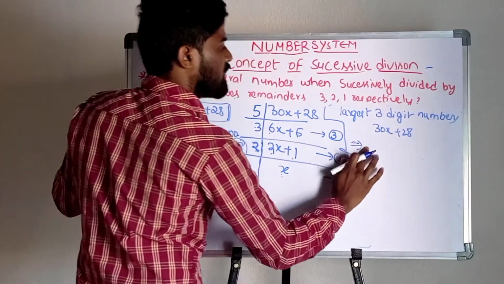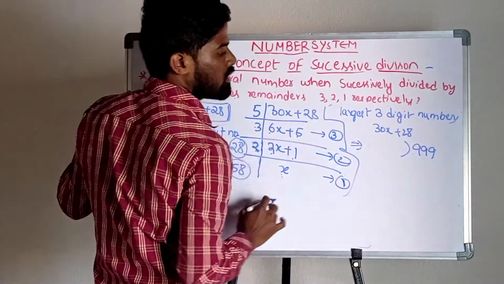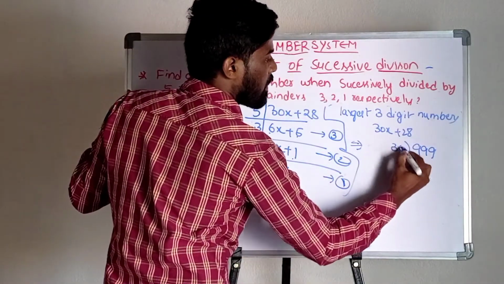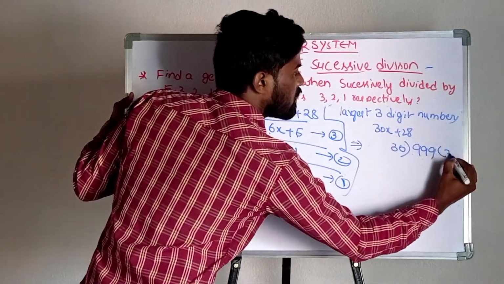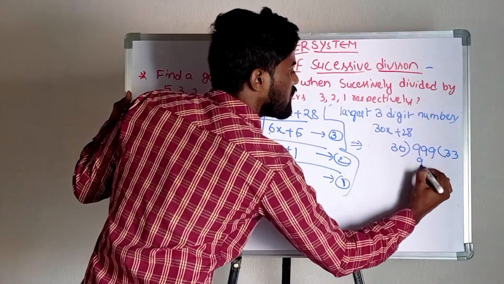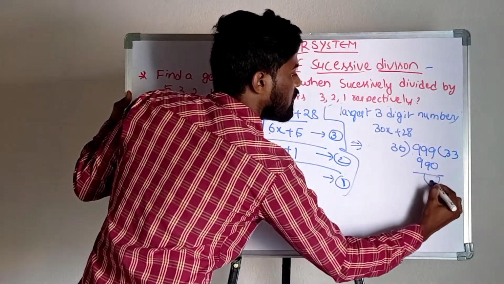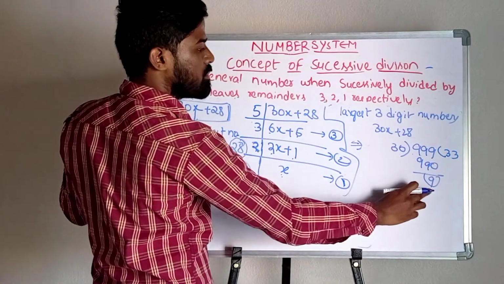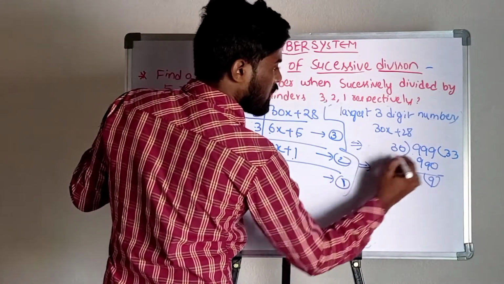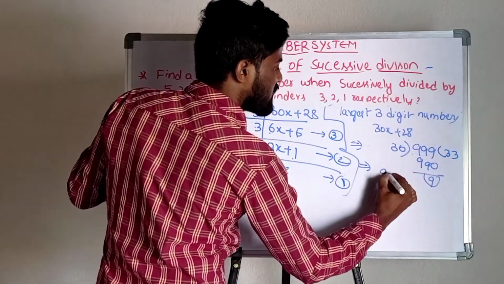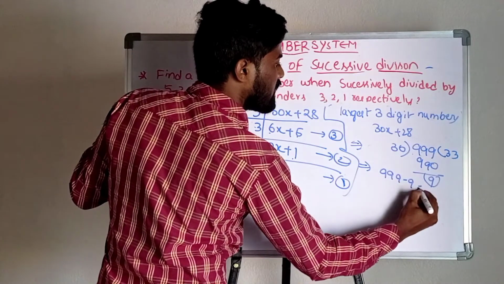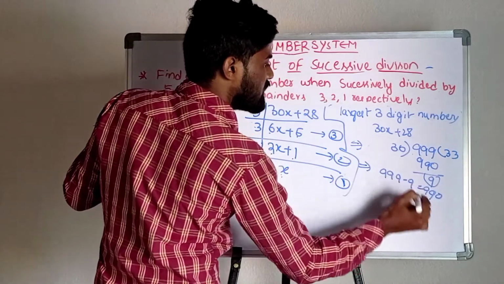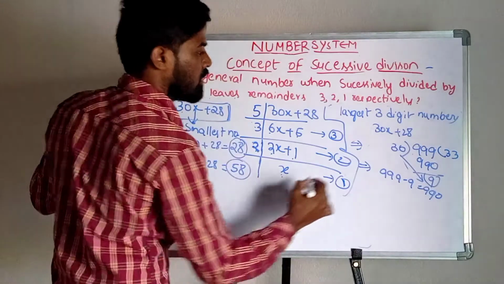Here the largest 3-digit number is 999. We divide this by 30. 30 into 33 is 990. Remainder is 9. That means 999 minus 9 is 990. 990 is exactly divisible by 30.